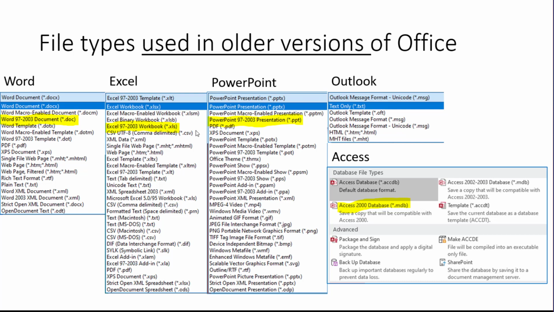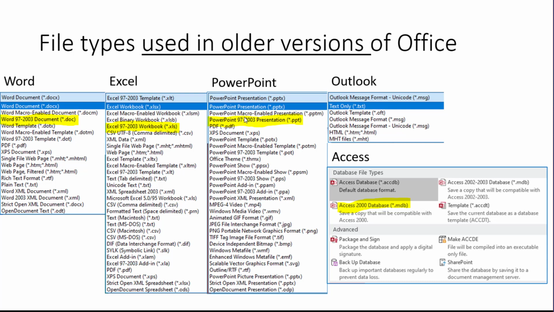And for Excel, you would just use a file extension with .xls. Notice there's no final X on any of these older versions of these Office applications. So PowerPoint uses .ppt.